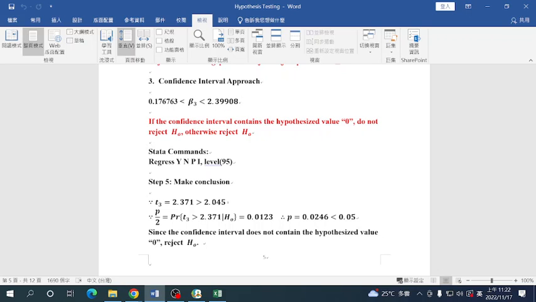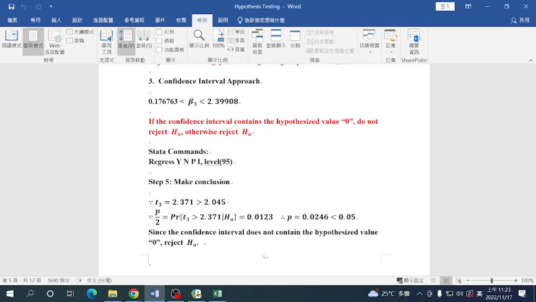So if the confidence interval contains the hypothesized value of zero, do not reject. And since zero does not belong to this interval, we reject the null hypothesis, right?